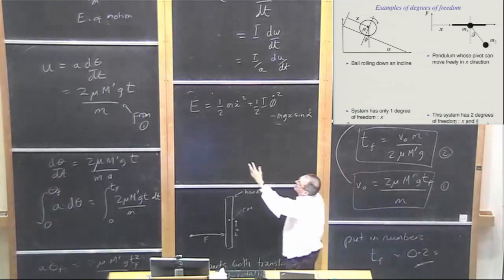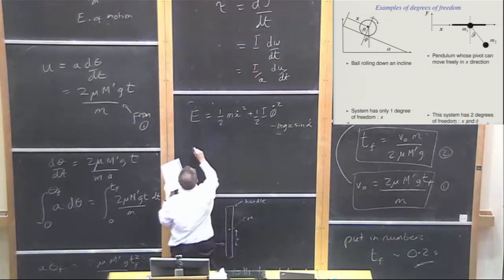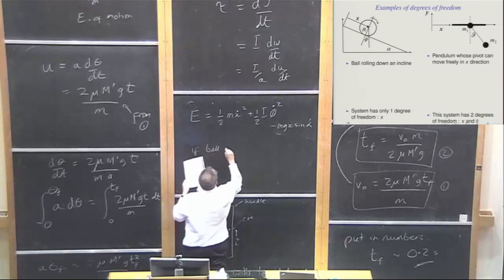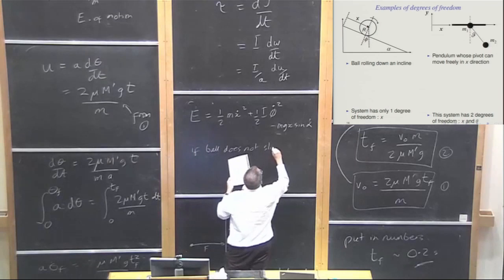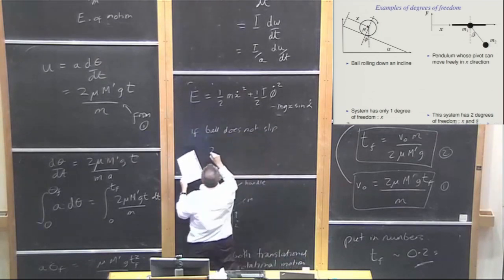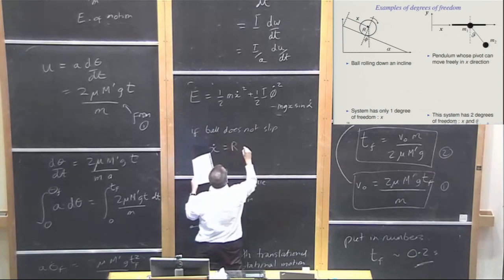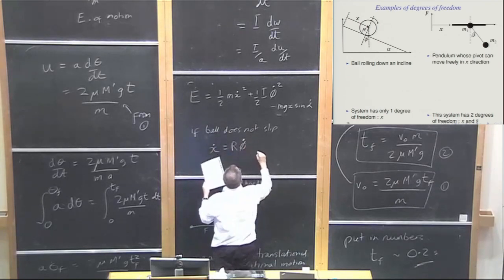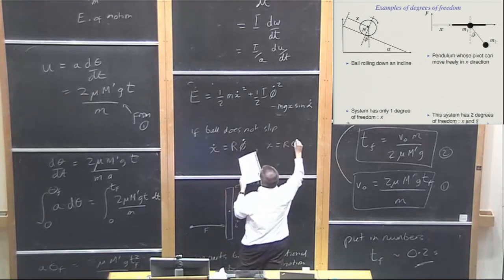Now, if we impose that the ball does not slip, then there's a clear relation between x prime and phi prime. So x prime is r phi prime, and if you integrate that, it tells you that x equals r phi.